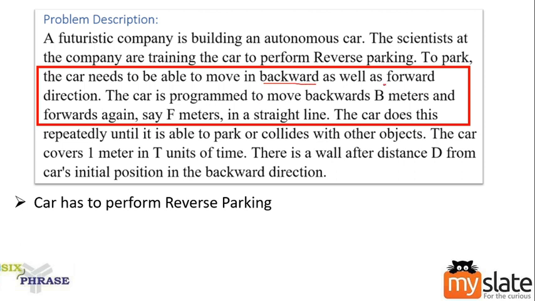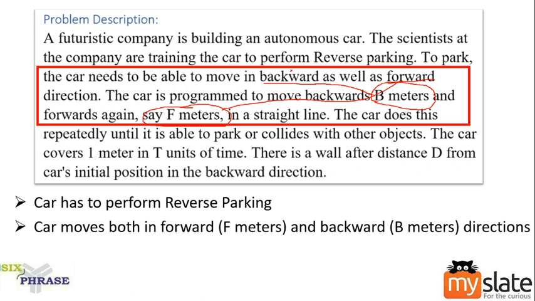The car is programmed to move backwards by b meters and forwards again by f meters in a straight line. So in the backward direction it will move by b meters, and in the forward direction it will move by f meters. Clear? This is the data I have about the car.